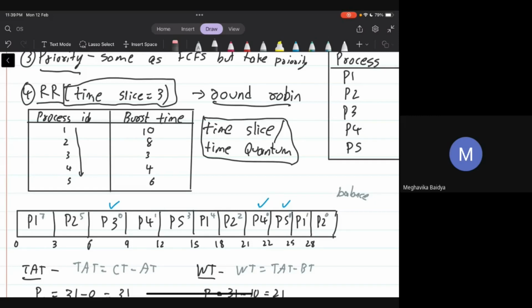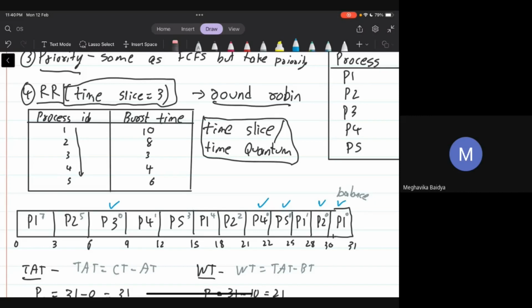And 28 plus 2 is 30. And then again P1 is left, because P2 is also over. Only P1 is left, with only 1 second left. So this becomes 31, and P1 is also done. So this is your round robin algorithm.